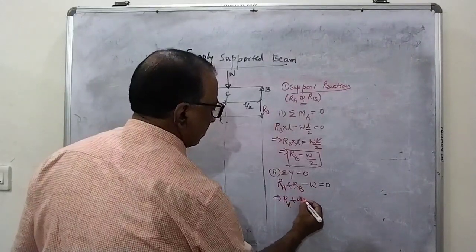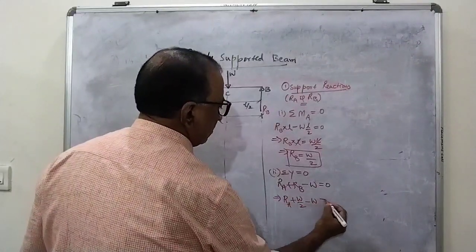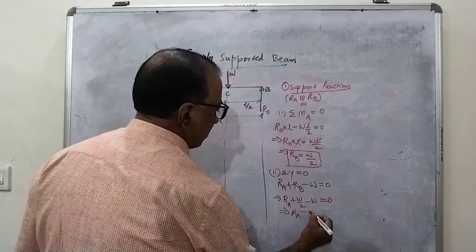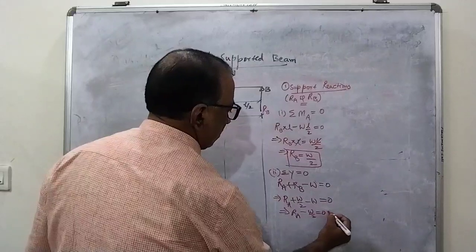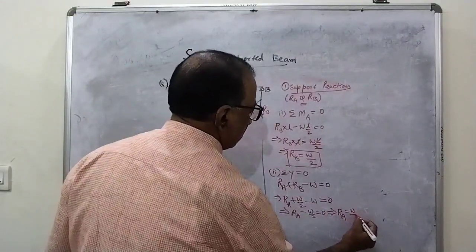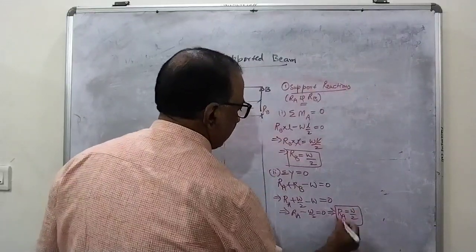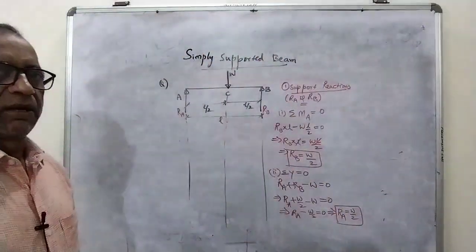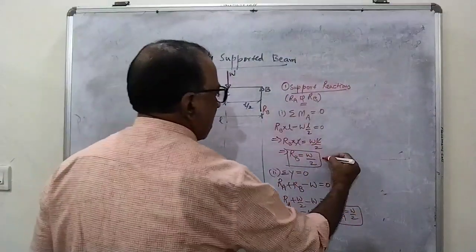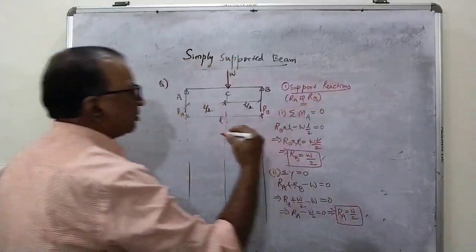RA plus W by 2 minus W is equal to 0. This implies RA minus W by 2 is equal to 0. This implies RA is also equal to W by 2. So here we got the support reactions as RB equal to W by 2 and RA equal to W by 2.